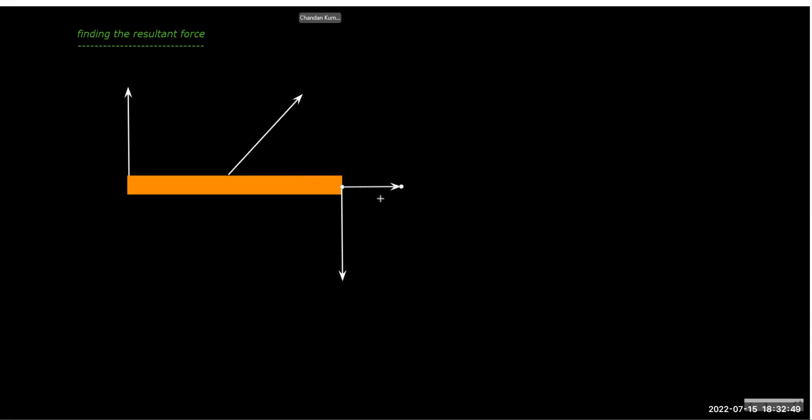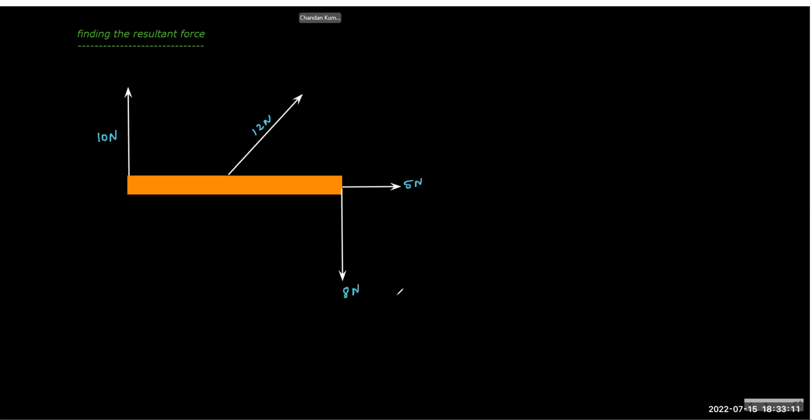So how many forces are you seeing right now? All arrows are forces. So how many forces do we have? 4. So let's take values. Let's call this 10 Newton, let's say 12 Newton, 5 Newton, and let's say 8 Newton.